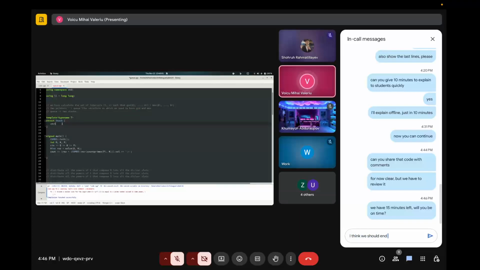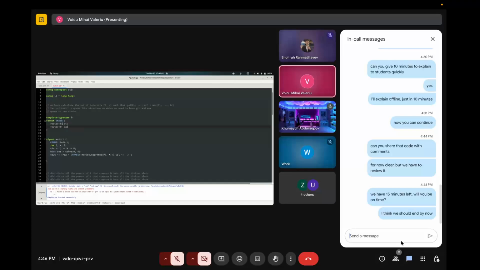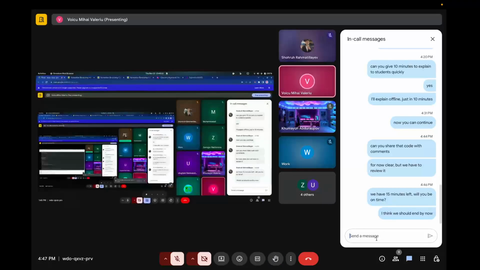Okay, so we have vector T stack and vector T hammer. If we should end by now, we will end now. Okay.